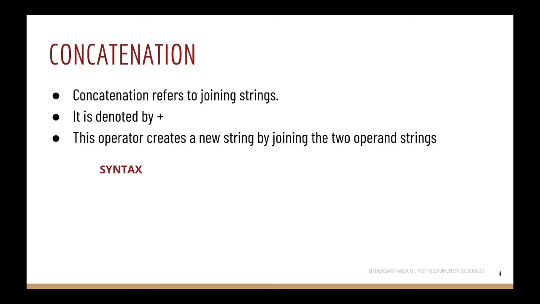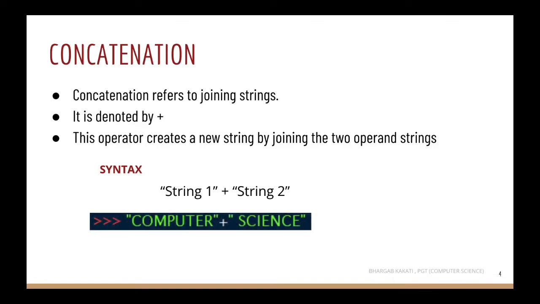What is the syntax or the rule for applying the concatenation operator? The rule is that there are two strings and we need to add the two strings. That means we need to put the two strings within quotes and they must be divided by the plus or the concatenation operator. So let us see an example related to that. If I write "computer" plus "science", then it will give me the result as "computer science".